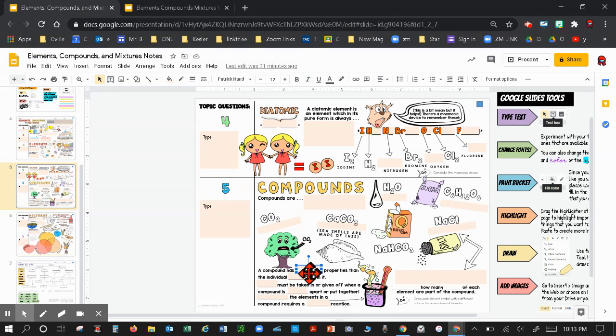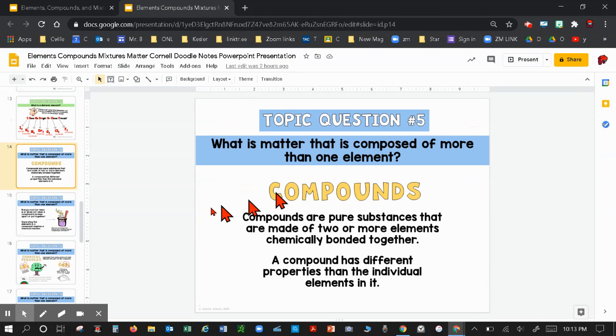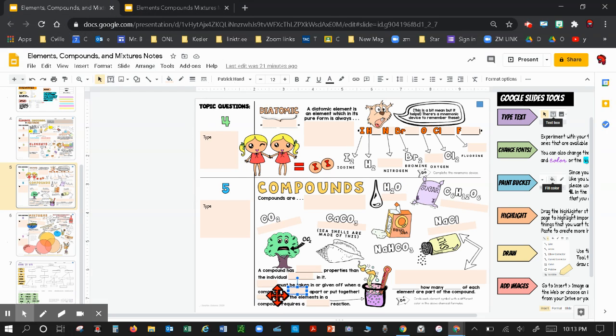You'll fill that out right here in these boxes. And then we're going to pick up right down here in case you missed that. A compound has different properties than the individual elements it is made of.